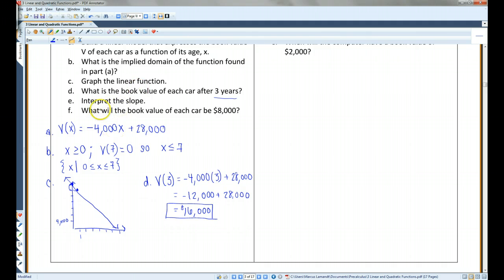Interpret the slope. Since the slope of v of x is negative 4,000, as we said before, the average rate of change of the book value is negative $4,000 per year. So for each additional year that passes, the book value decreases by $4,000. So we just write that out.